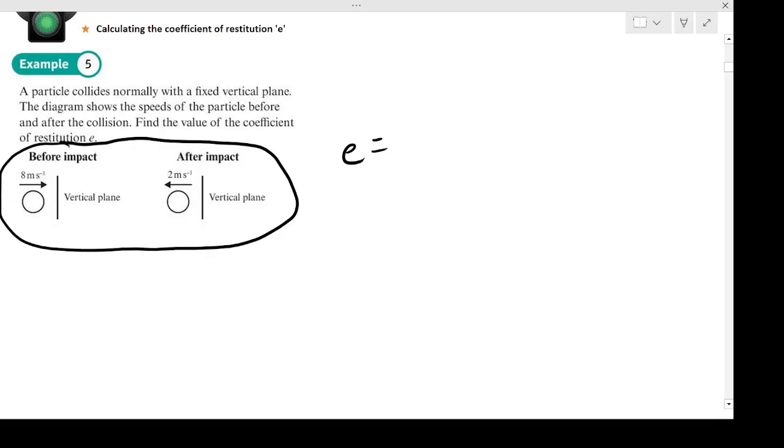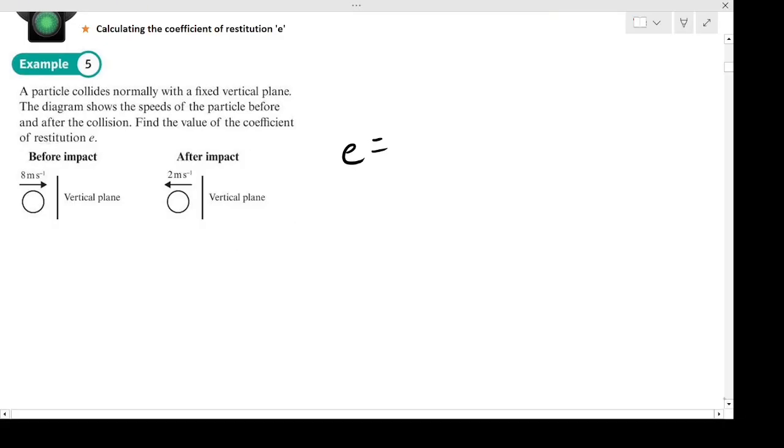So e in this case, well, before the collision, it has speed 8. Then after the collision, it has speed 2. So if we divide the speed after, which is 2, by the speed before, which is 8, that's e. We can simplify that to a quarter.